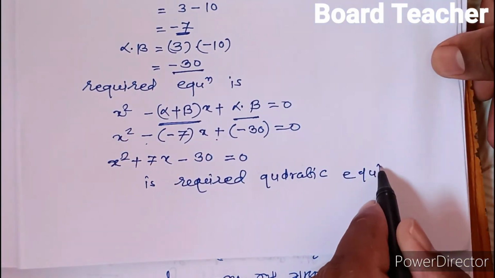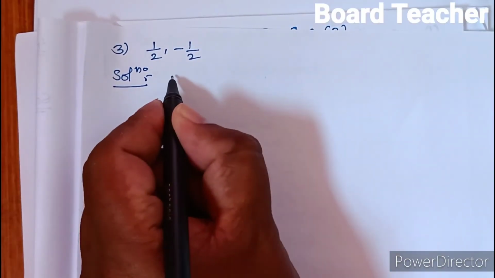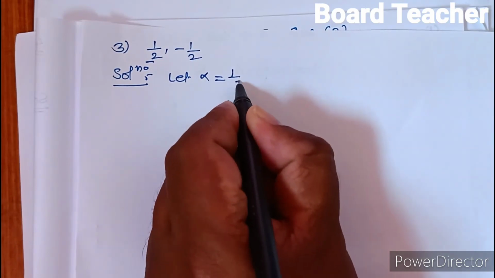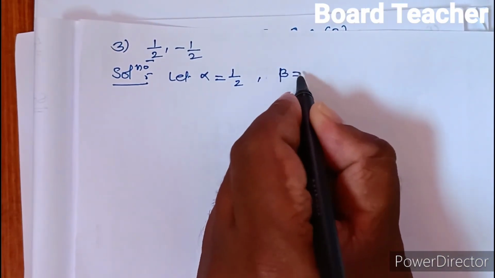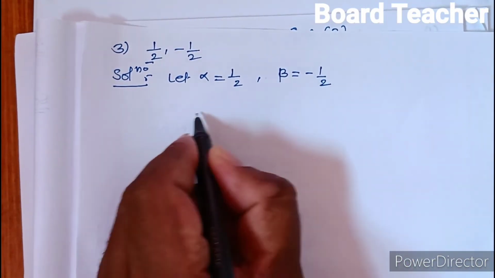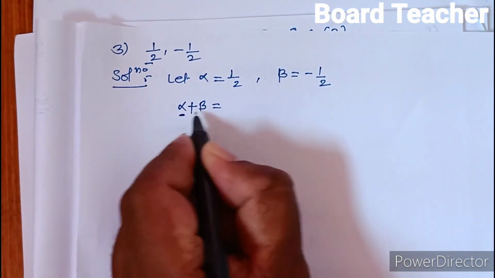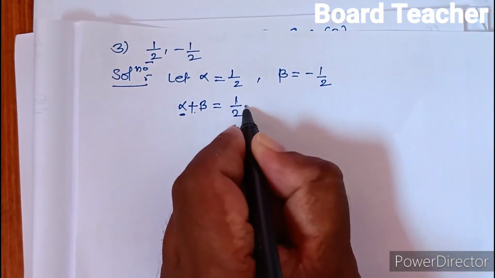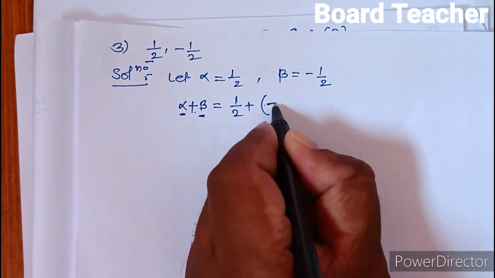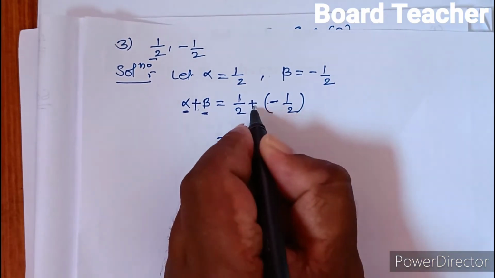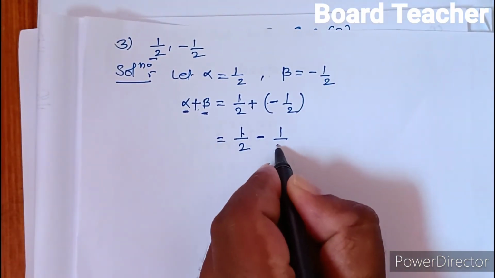Next question, let alpha equals the first root, that is 1 by 2, and beta equals minus 1 by 2. Now sum of roots, alpha plus beta, equals 1 by 2 plus minus 1 by 2.